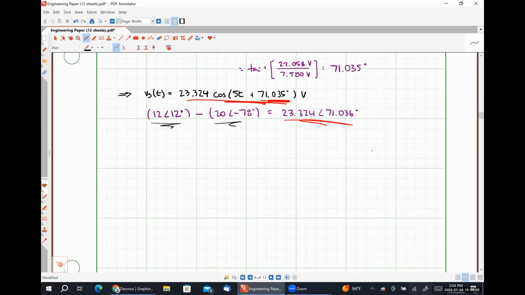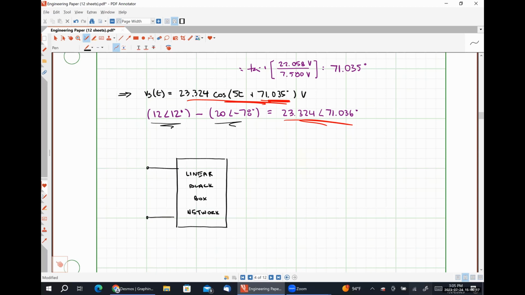So if we have a linear black box network, let's put some terminals over here to the left.